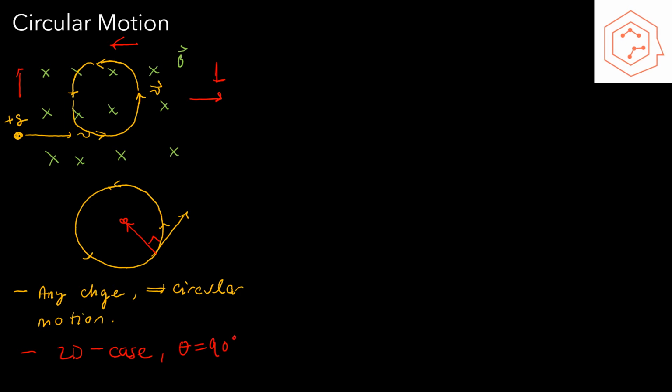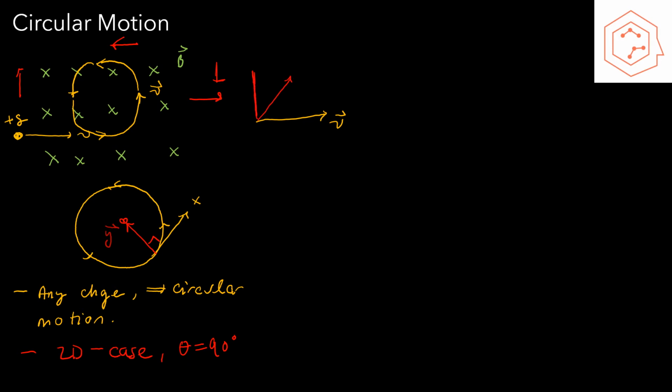But we only need to consider two components since we're working in 2D. So we have an x component, if you will, and a y component. If we didn't, then what would happen is that one component would accelerate. So suppose we have our velocity like this, and our field is off at some weird angle.